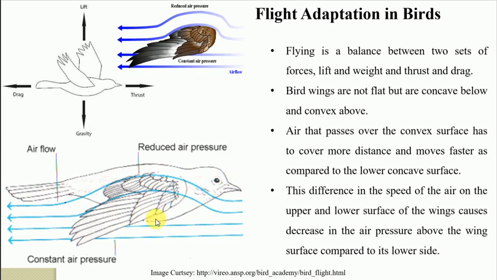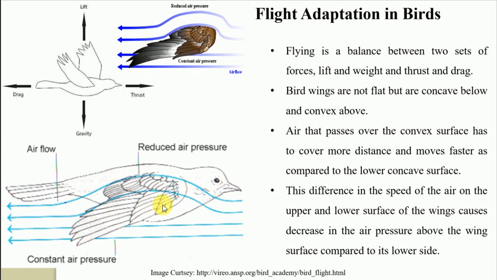This difference in the speed of the air on the upper and lower surfaces of the wing is responsible for causing a decrease in air pressure above the wing surface as compared to its lower side.